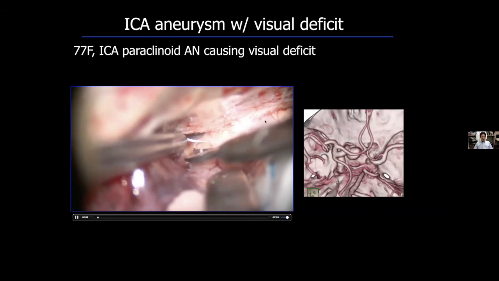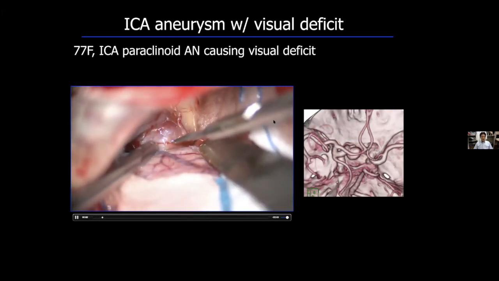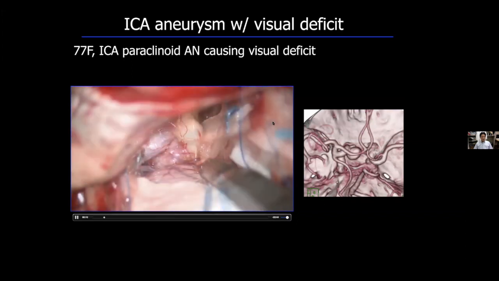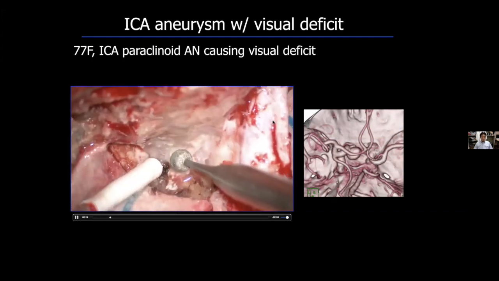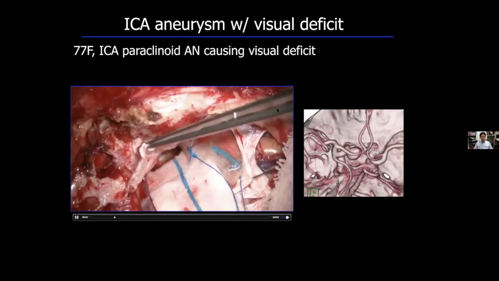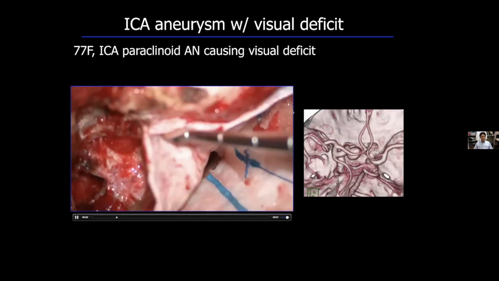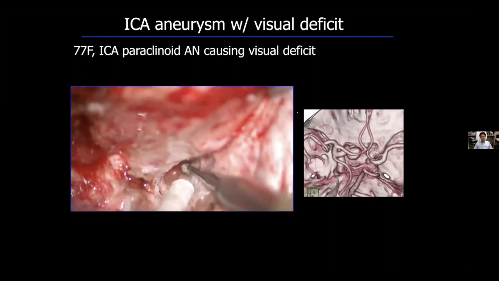Let me show you how I confirm the location of the aneurysm first before I actually perform the extradural drilling of the sphenoid bone. And then I'm drilling the sphenoid wing. And I can repetitively check the location of the aneurysm like this.